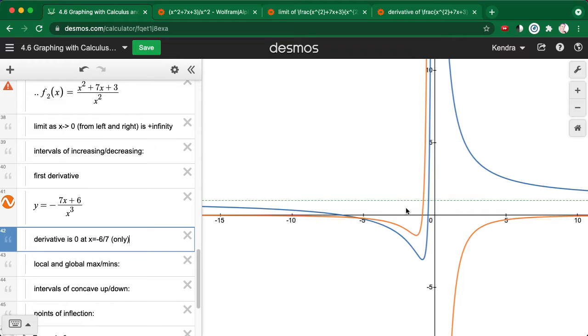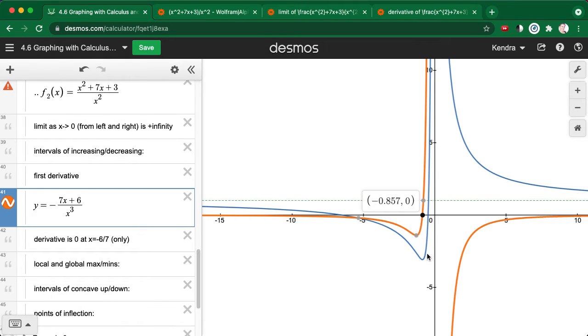So that tells us that the derivative can't actually cross the x-axis over here, because the only way that it can switch from being positive to negative is either if it goes across the x-axis that way, or if I have a break in the graph, right? Which happens here at x equals 0.